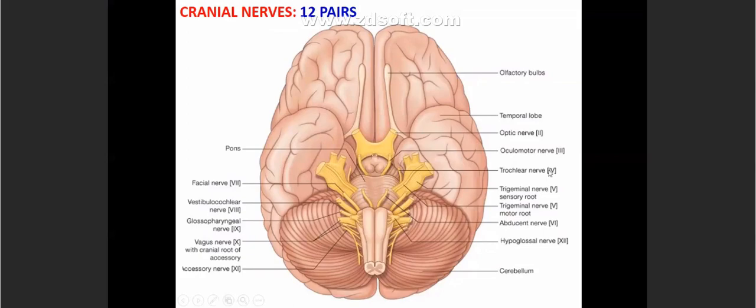The fifth one, trigeminal. The sixth one, abducens. The seventh one, by the way, is the facial nerve. Eighth, vestibulocochlear. Ninth, glossopharyngeal. Tenth, vagus. Eleventh, accessory nerve, and the twelfth one.